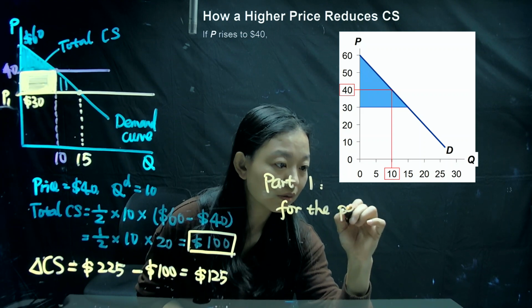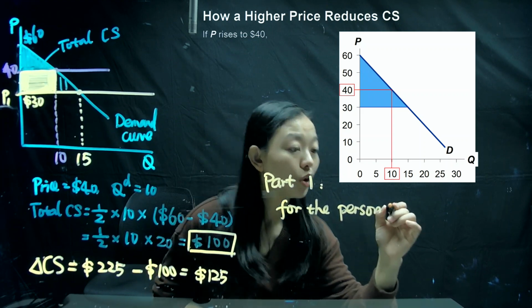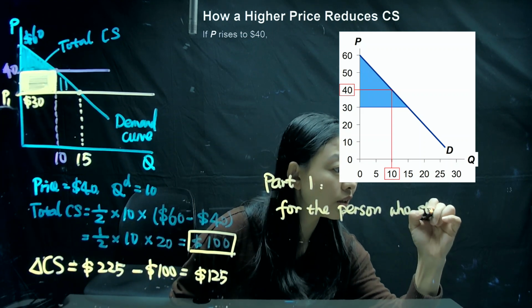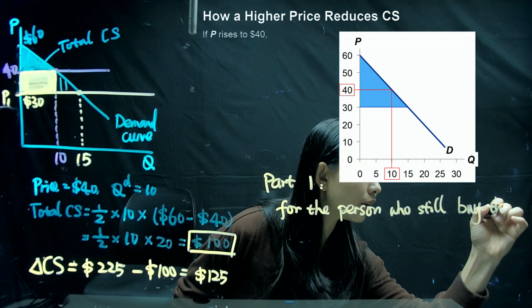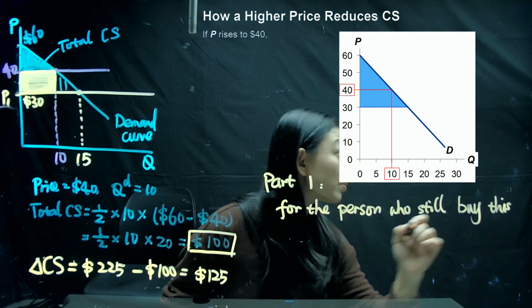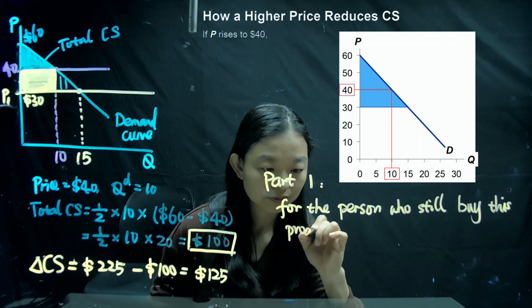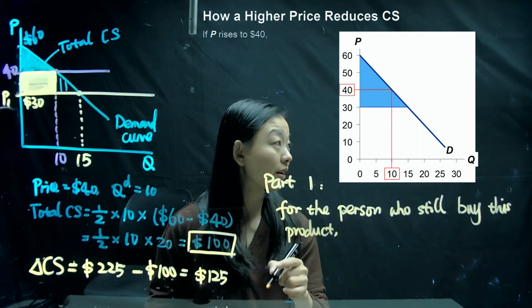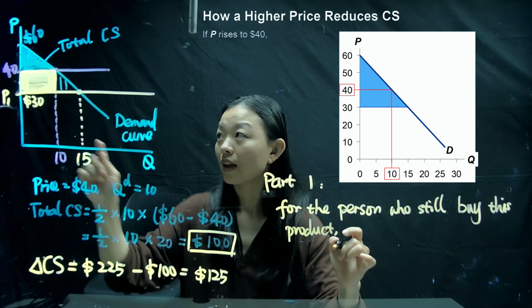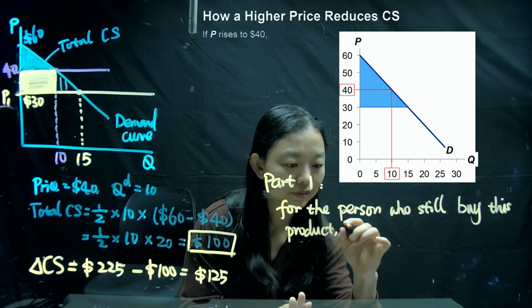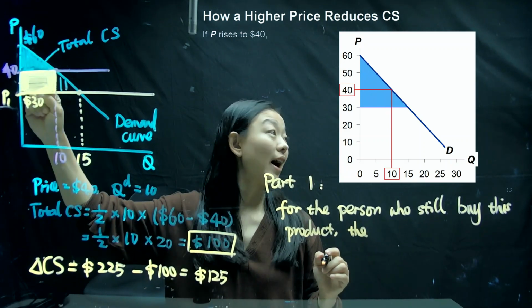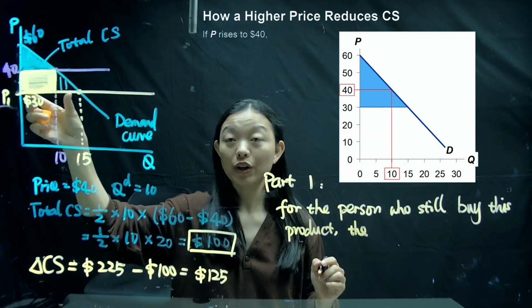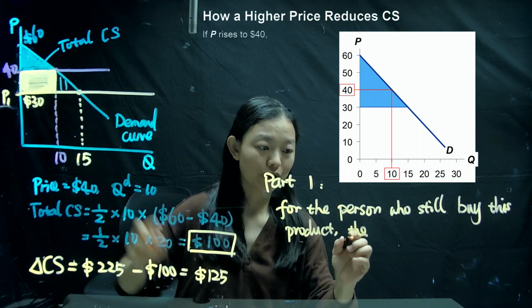for the person who still buys this product. He needs to pay a higher price, so it shows the decrease of the consumer surplus.